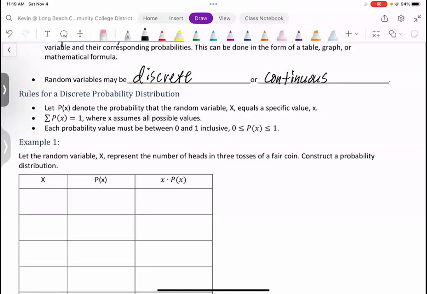So here are some rules. Let P of X denote the probability of a random variable X equaling a specific value, lowercase x. We'll run into that later. The sum of all of the probabilities must equal 1. That's a good way to make sure that we have all of the probabilities: when we add them up, we get exactly 1.